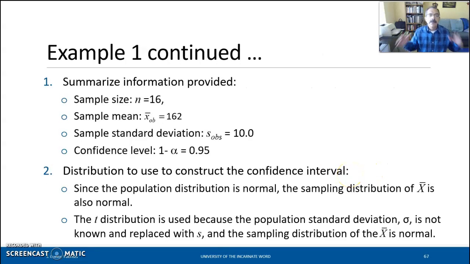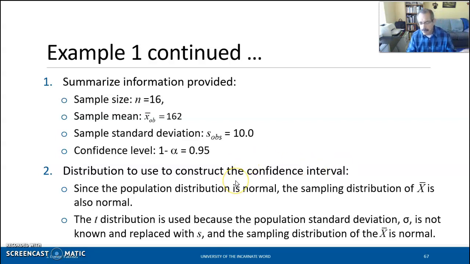When you solve these kinds of problems, the first step is to summarize the information so that you don't make any mistakes when you calculate the confidence interval. Step 2, verify that you can use the t distribution. First, is the sampling distribution normally distributed?